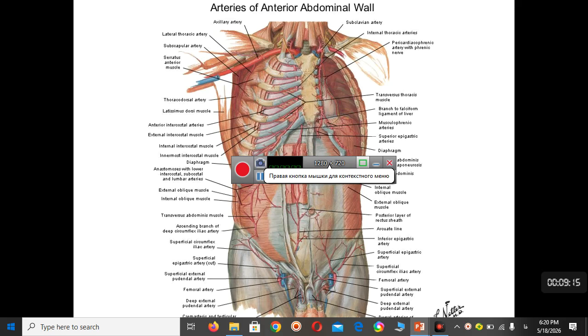Here is the inferior epigastric artery in the rectus sheath, and here is the superior epigastric artery in the rectus sheath, and the veins that accompany these arteries are not shown here.